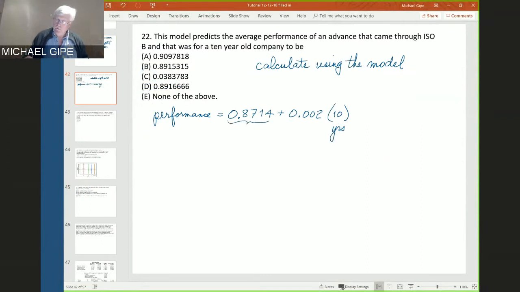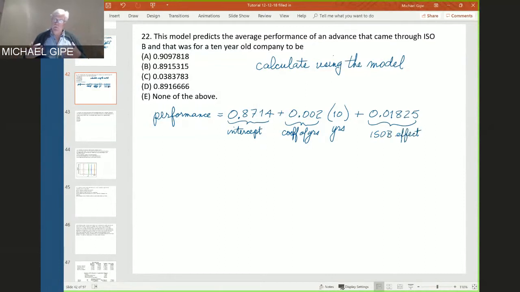So this is the intercept. This is the coefficient of years. And then we'll add to that the effect of ISO B, which pulls the whole regression model up by 0.01825.